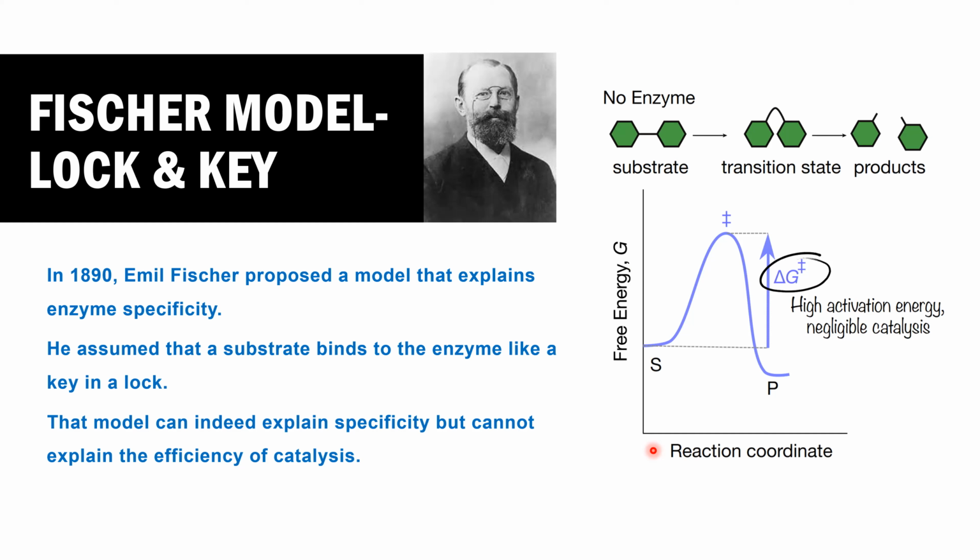This lock and key model was proposed by Emil Fischer in 1890, and he assumed that a substrate binds to the enzyme like a key in a lock. You can imagine that that is a very restrictive and very strict model. It can explain that a certain key fits into a certain lock, but how is catalysis happening?